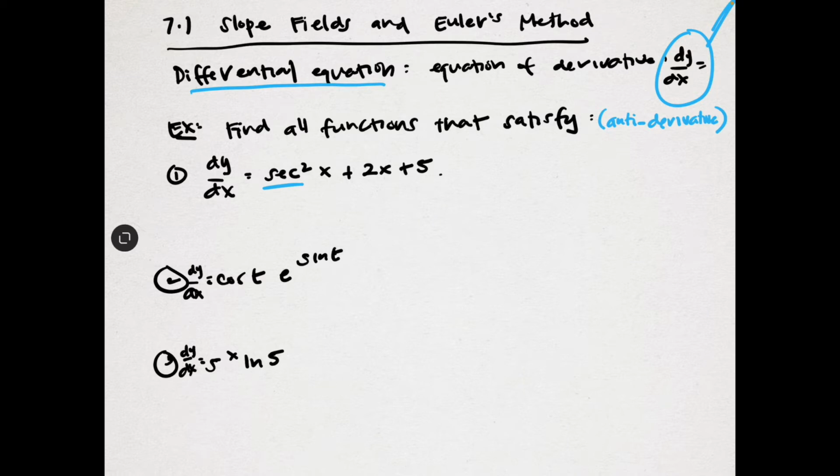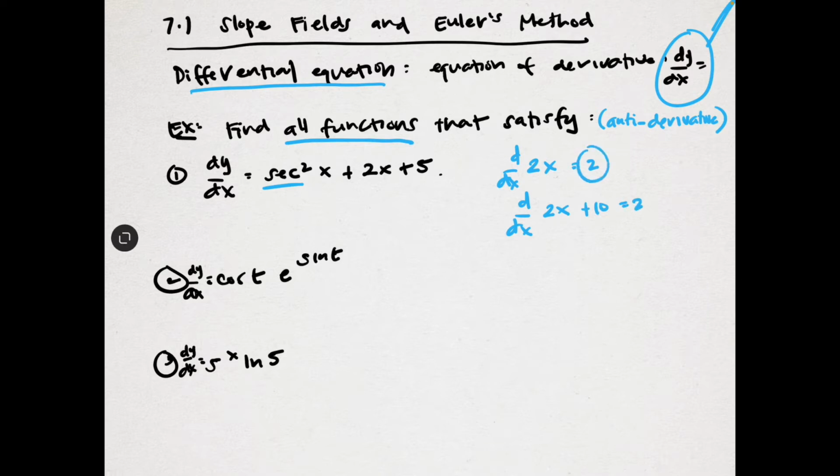Okay, so the first one, we're looking at secant squared x plus 2x plus 5. So notice this one says all functions. What that means is that, let's put it this way, say we have 2 to the x, the derivative of 2 to the x is 2. And we kind of talked about this earlier. The derivative of 2x plus 10 is also 2.